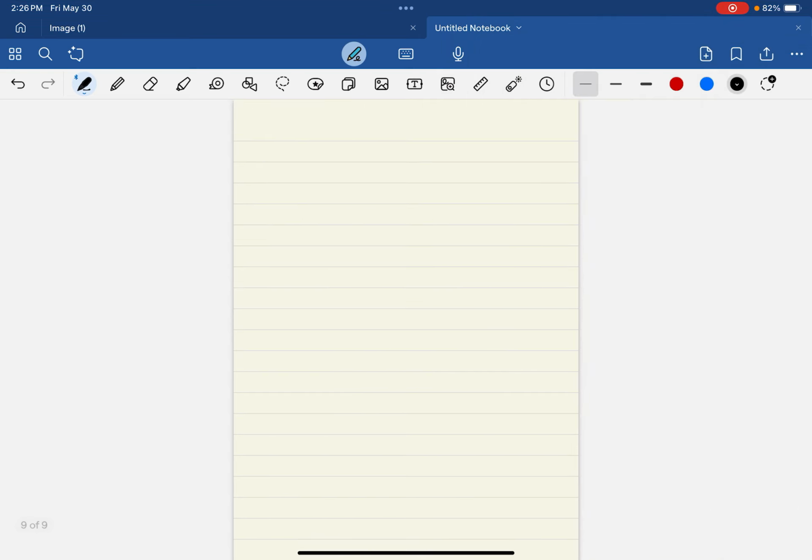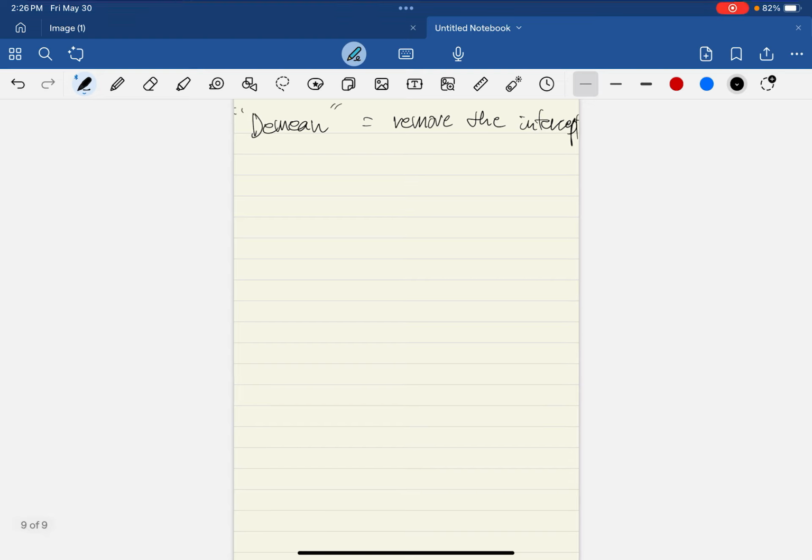So then, what you should have done was demeaning. That means just simply removing the intercept. We did this in chapter 1. We did this in homework 1. That means we are going to redefine, say, y_i tilde as a new variable, which is y_i minus y bar, where y bar is the sample average.